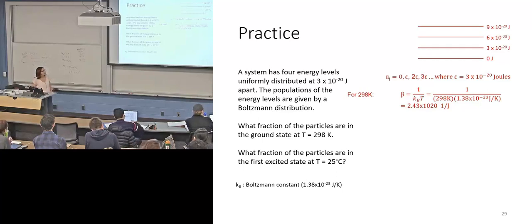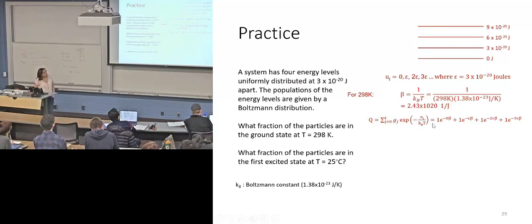So whatever makes it neater for you. But what you could do is set this here and set up your partition function like this. Weighting factors, g sub j, are all 1. And this is 0, they're evenly spaced, so I've let epsilon be the spacing, 3 times 10 to the negative 20th joules. Again, just to make this look neater. Totally up to you, it's optional, just as long as you know what you're doing and keeping track of things on your own.